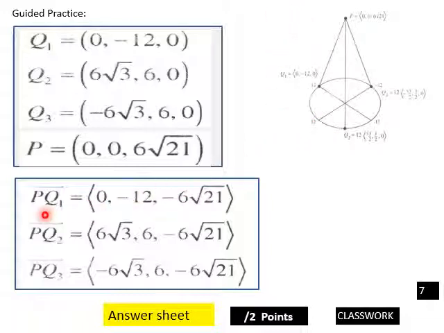Now we have the vector PQ1. When we put these together, we come up with a component form of our vectors, combining this with this, this with this, and then this with this.